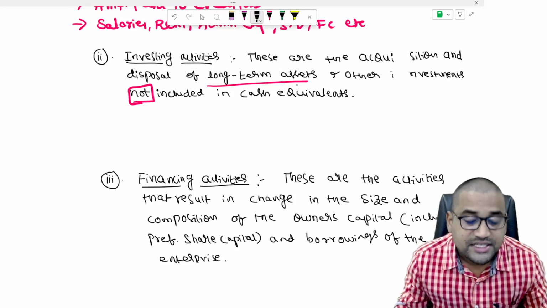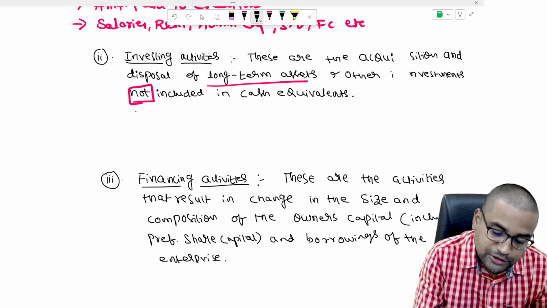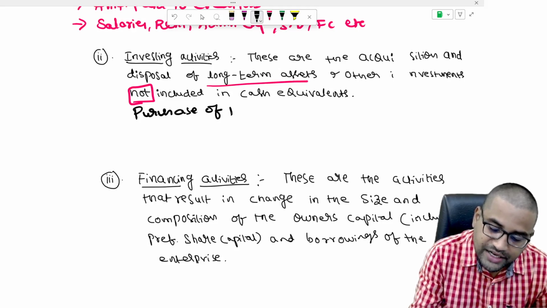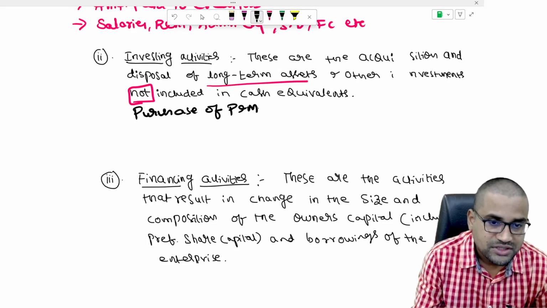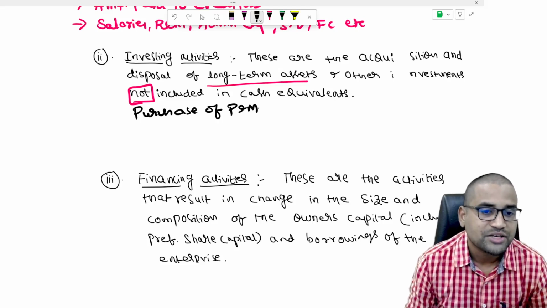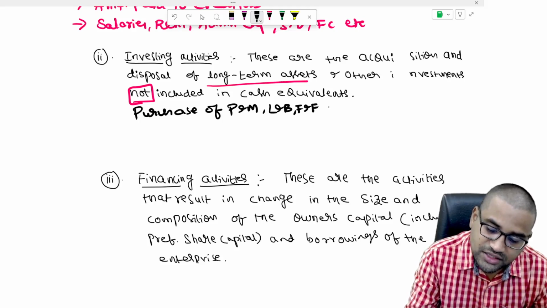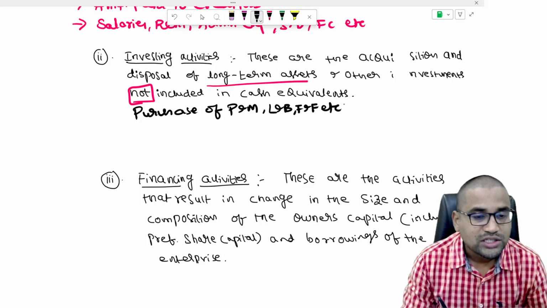So purchase and sale of long-term assets. Sir, can you give me some examples here? Yes. For example, purchase of plant and machinery in cash. See, wherever I am telling only cash involved, then only it will come in cash flow statement. Otherwise, no. Suppose purchase of plant and machinery, land and building, furniture and fittings, etc. Because these are all what?